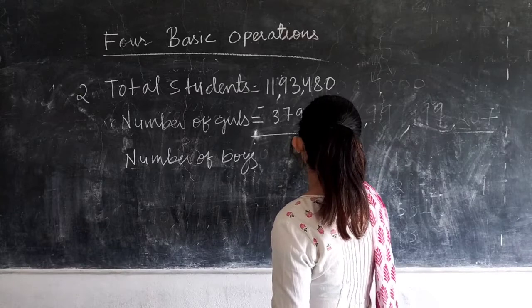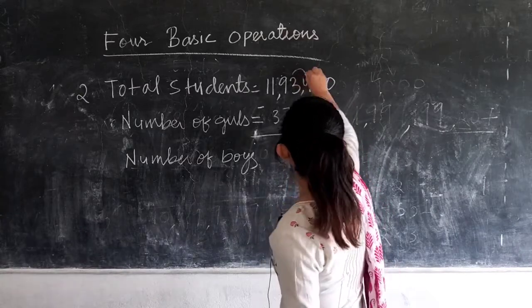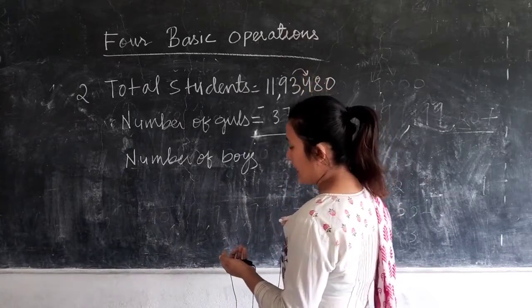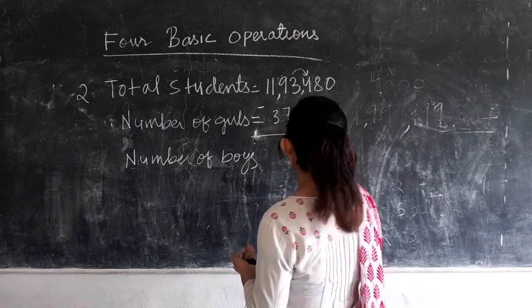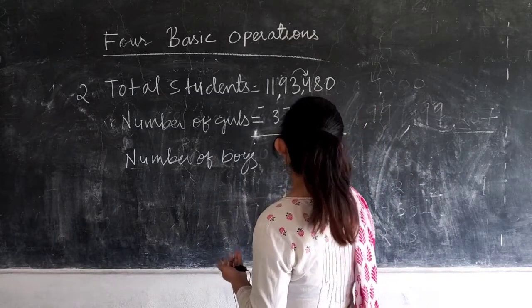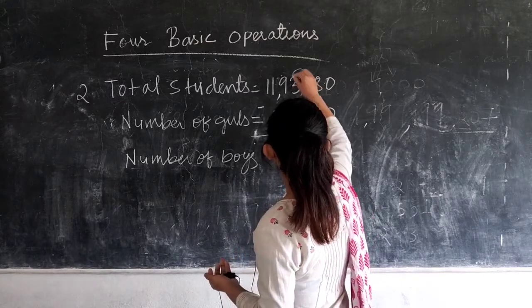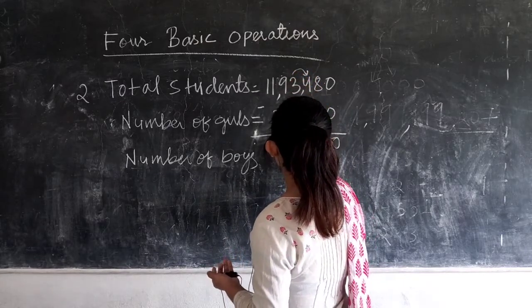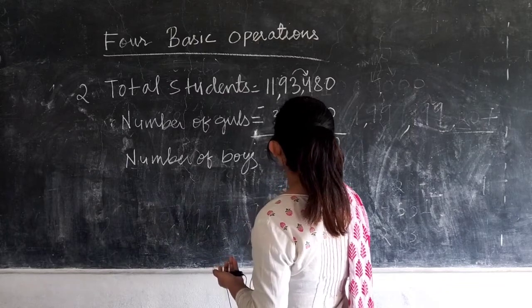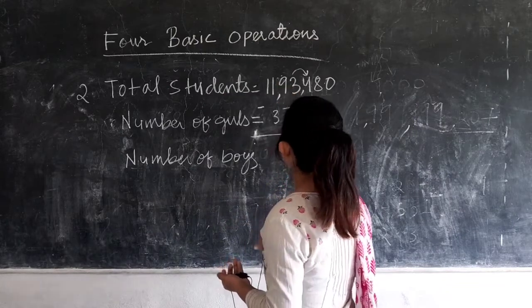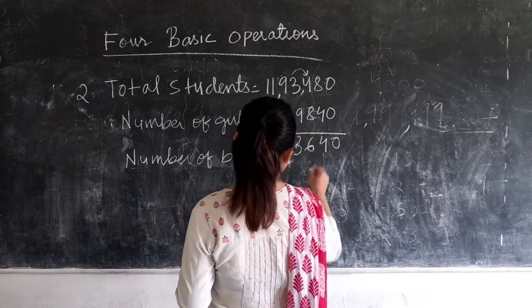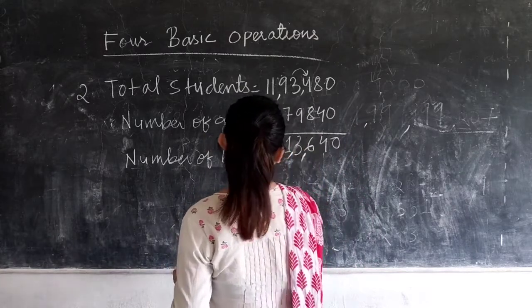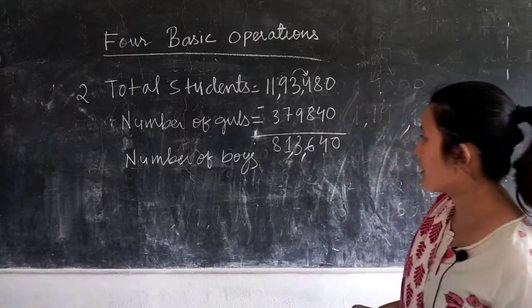8 minus 4 is 4, then 14 minus 8 would be 6, then 12 minus 9 would be 3, then 8 minus 7 would give you 1, then 11 minus 3 would be 7, 8. So this would be your total number of boys.